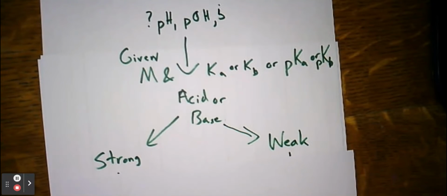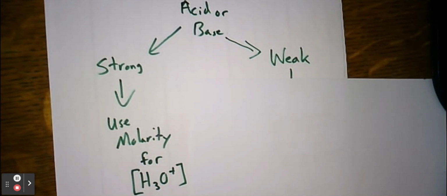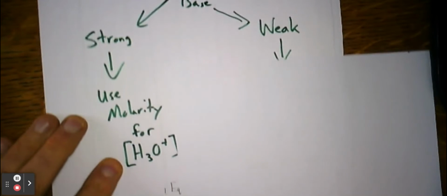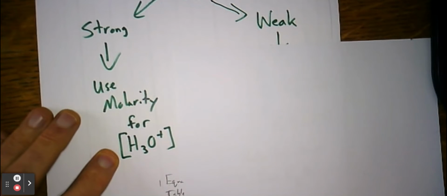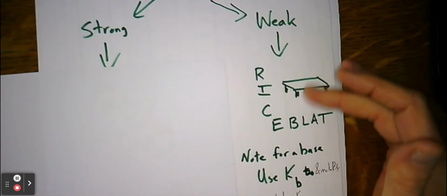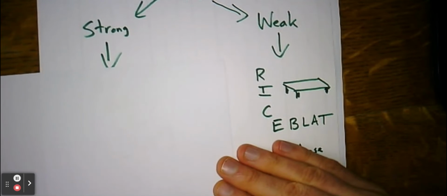For a strong acid, you use your molarity as the concentration of H3O+ if it's an acid, or OH- if it's a base. Whereas for a weak acid, you use your RICE table. That's what we're going to practice today.